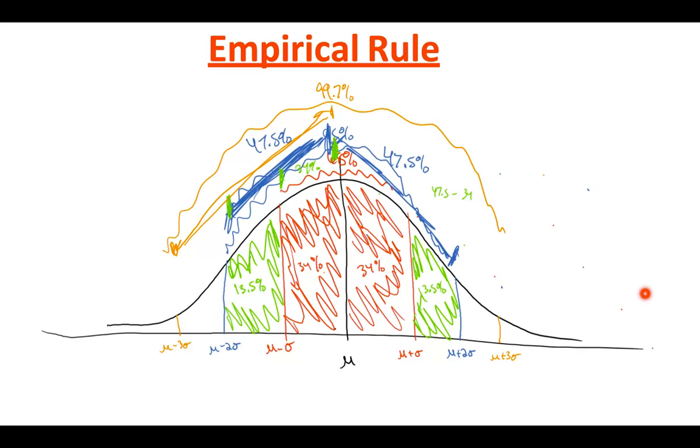You do the math there, take a second. 49.85%, I believe. Better check my work there, hang on. Yeah, 49.85% would be in that half, and there would be 49.85% in this half.